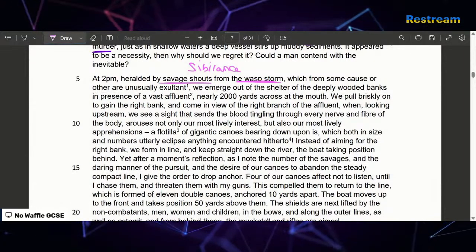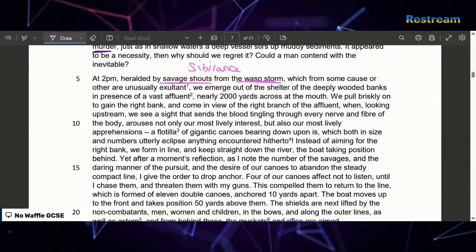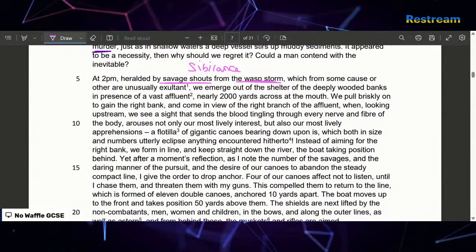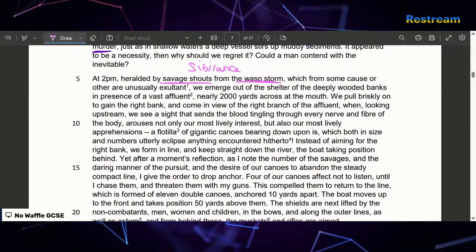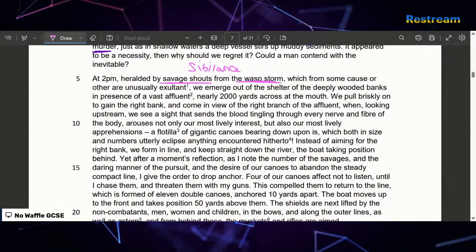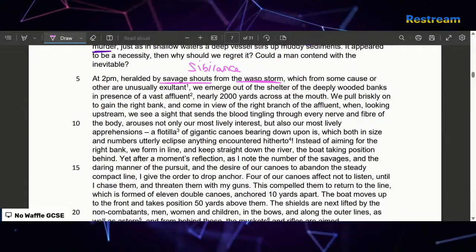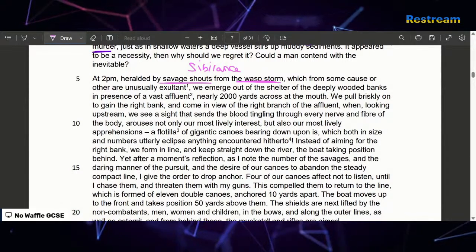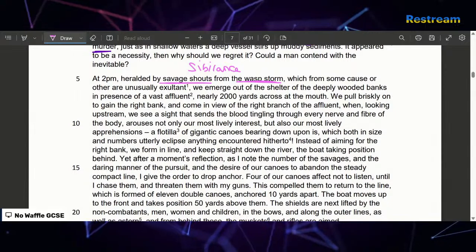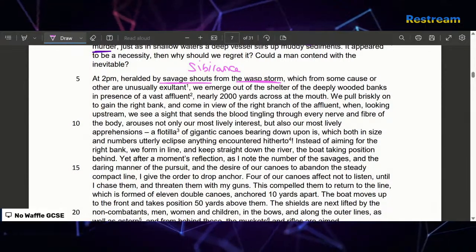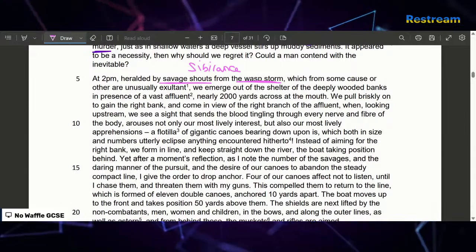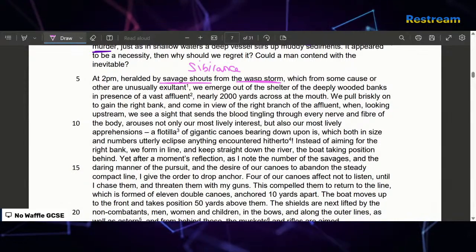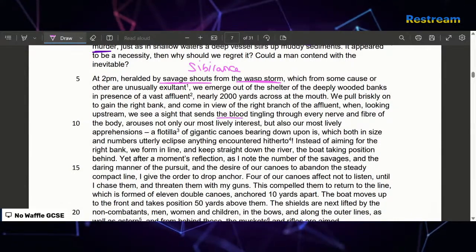We emerge out of the shelter of the deeply wooded banks in presence of a vast affluent, nearly 2,000 yards across at the mouth. We pull briskly on to gain the right bank and come in view of the right branch of the affluent, when, looking upstream, we see a sight that sends the blood tingling through every nerve and fibre of the body. So let's highlight that. That's a really good use of language here, and we can use that.